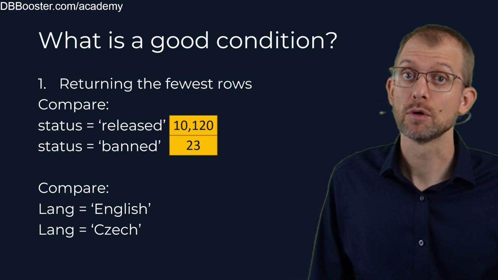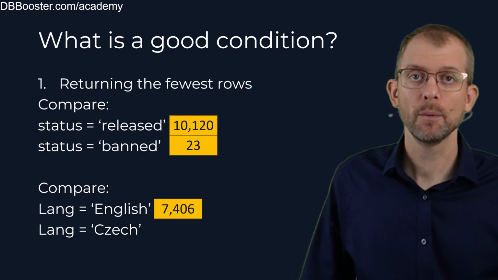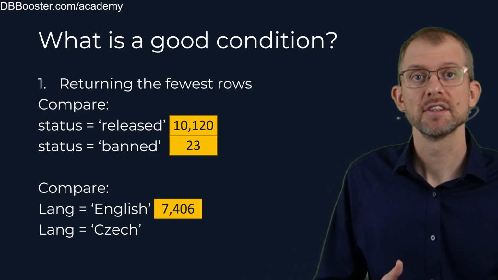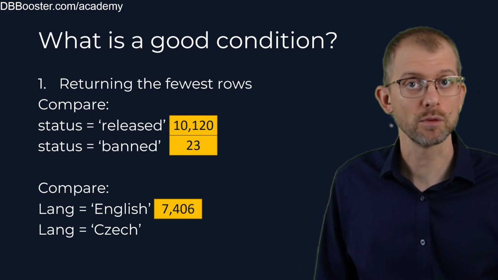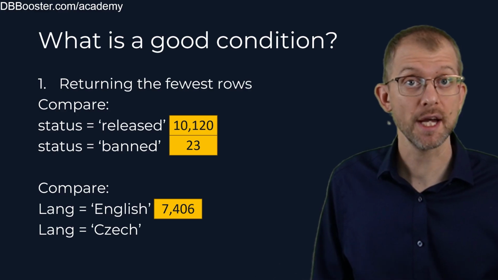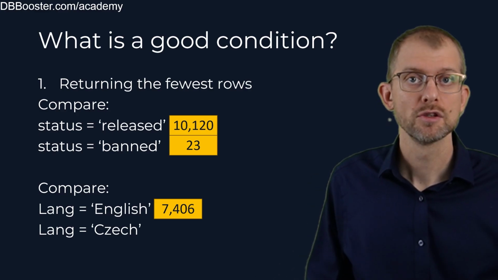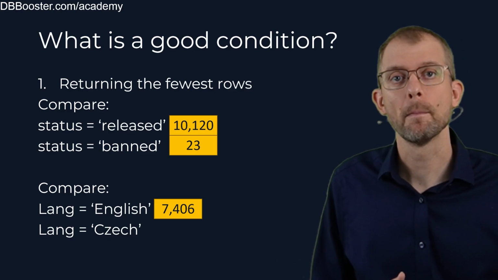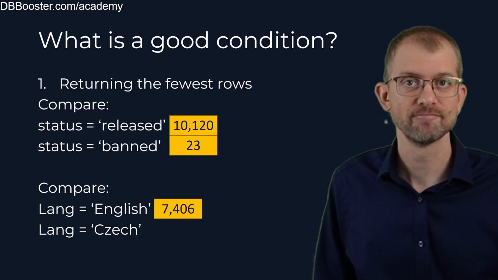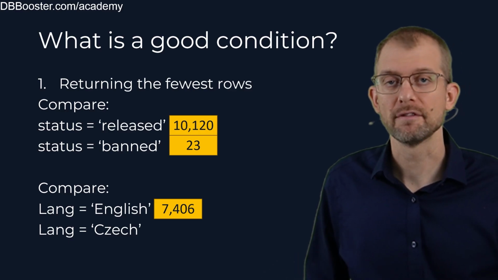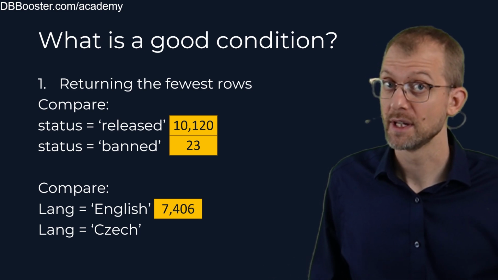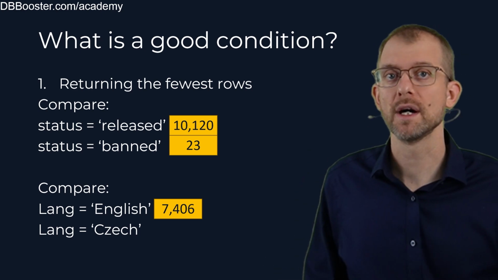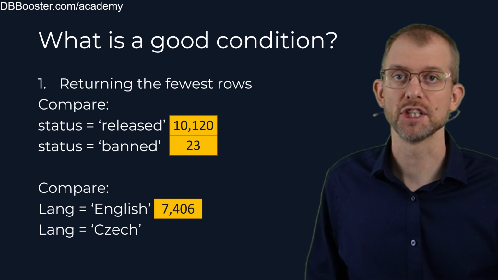And the same goes for language. Language equals English, that's 7,406 rows. Language equals Czech, just 2. So even with equality conditions, the parameter value makes a huge difference. Some values are very common, others are rare, and those are the ones that make your indexes efficient.